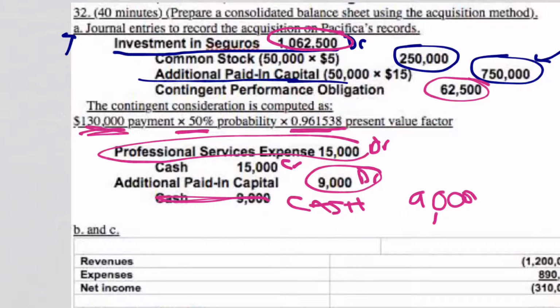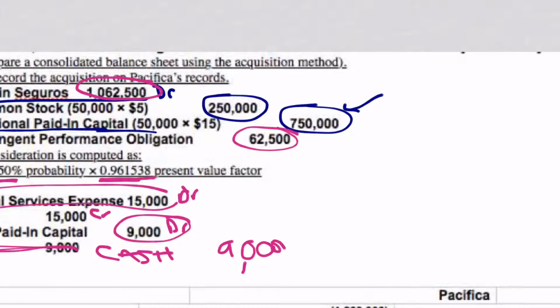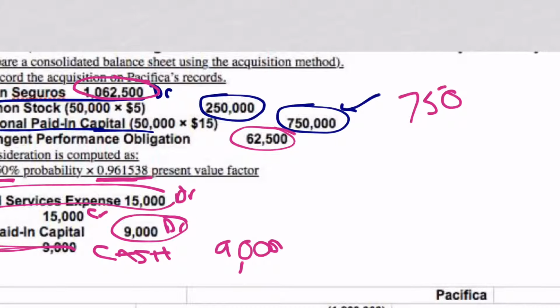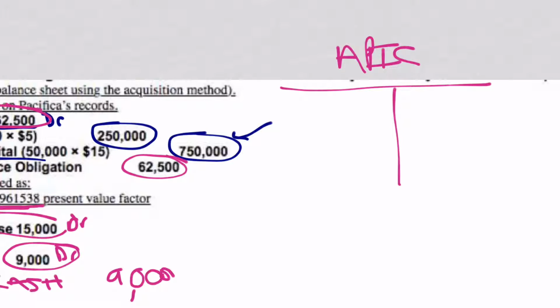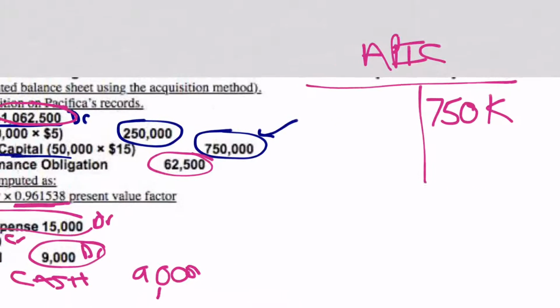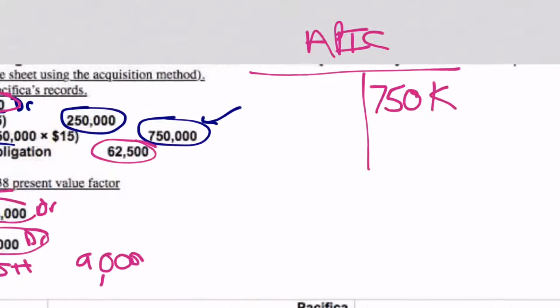So the net change in paid in capital will turn out to be this. In fact, let's do it this way. Let's do a T account of the additional paid in capital so you can test your knowledge with this. Here's APIC, T account. I love T accounts. You know that $750 was a credit that we computed here.